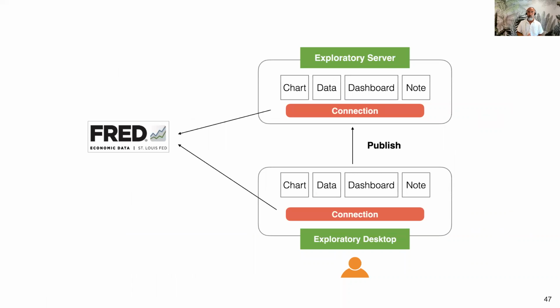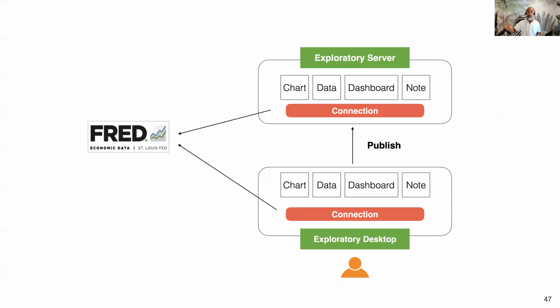And how that schedule works, I'm going to show you right after this, but you need to create a connection first to connect to the FRED website, and once you create it, that's going to be your connection. So when you publish a chart or dashboard to Exploratory server, the connection also will be published along with it.